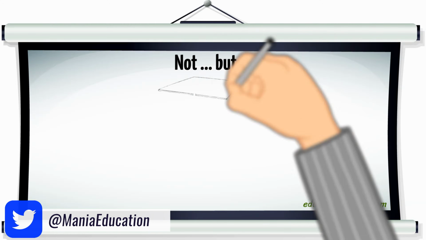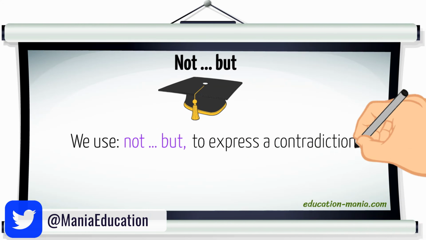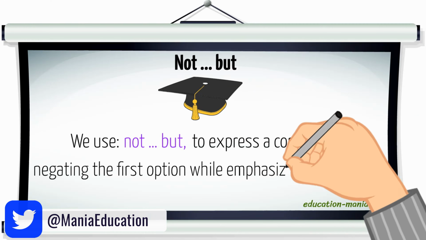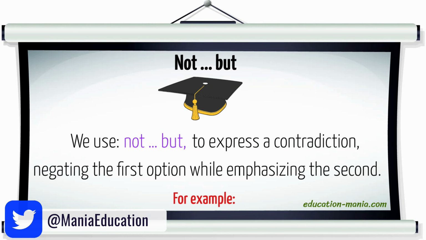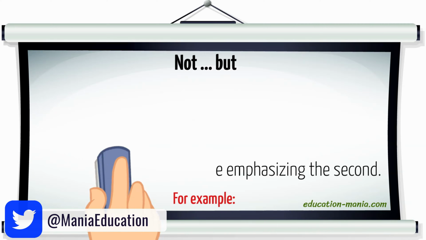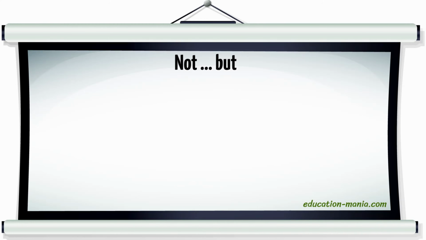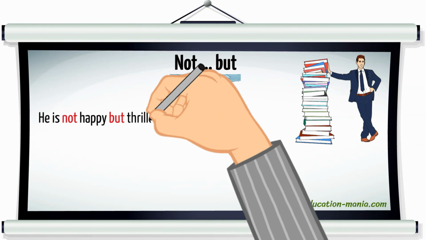Not, but. We use not but to express a contradiction, negating the first option while emphasizing the second. For example, he is not happy but thrilled.